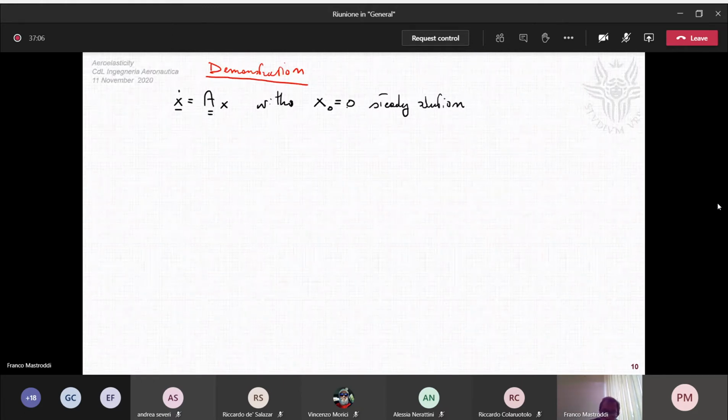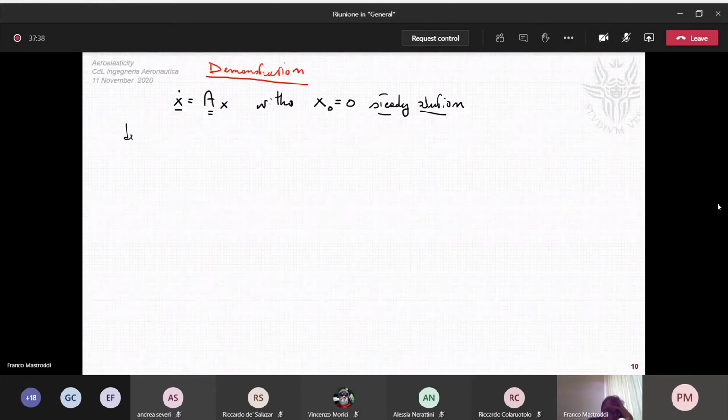Okay, so the steady solution is the solution such that you obtain when x dot is 0. Okay, and if A is not a singular matrix, the only steady solution in this case is 0.